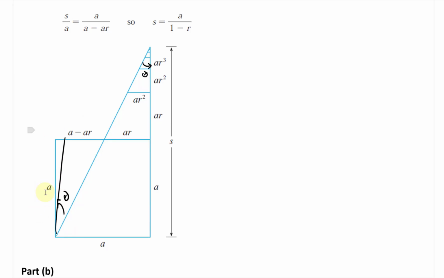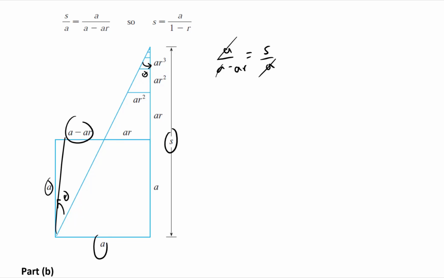So you have a over a minus ar, this one to this one, equal to S over a. Let's do it again, I got that mixed up.